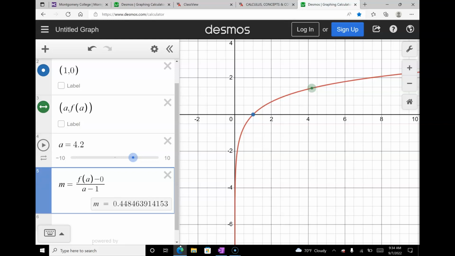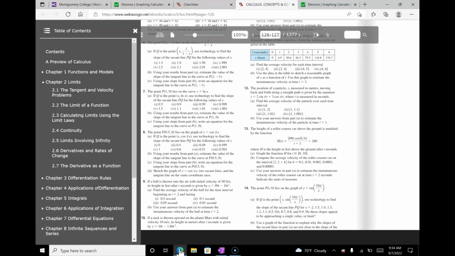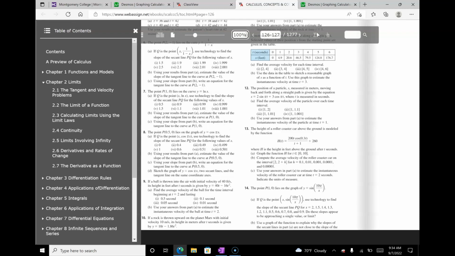How are we doing? We okay? Now, looking at the problem, let's see if I go 175%.